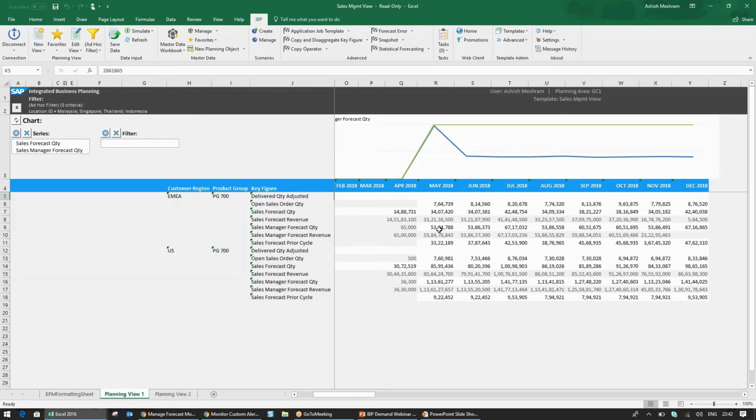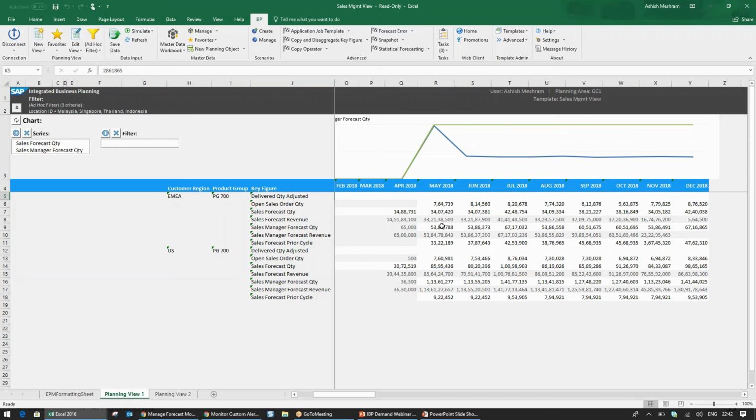So here, as a sales manager, you can override your quantity. Also you can override the revenue, which will then generate the quantity based upon the price that you have maintained at an aggregated level, and subsequently this value will get disaggregated proportionally to your product location combination.